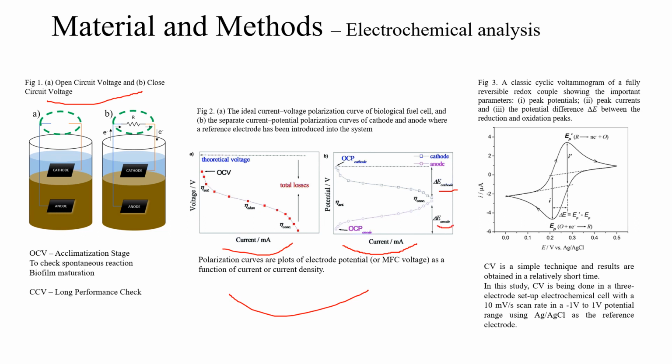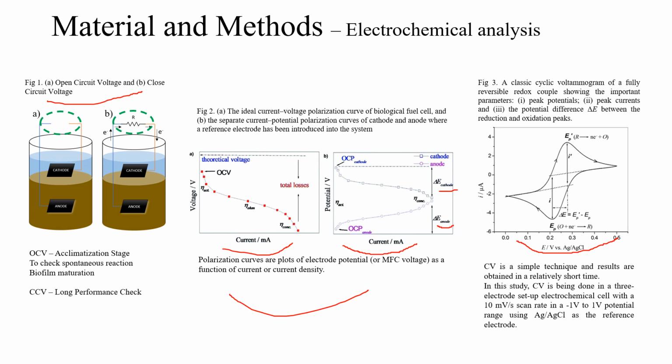By analyzing the potential changes of the anode and cathode at varying current, the performance limiting factor can be revealed. And the third one is a classic voltammogram of cyclic voltammetry.